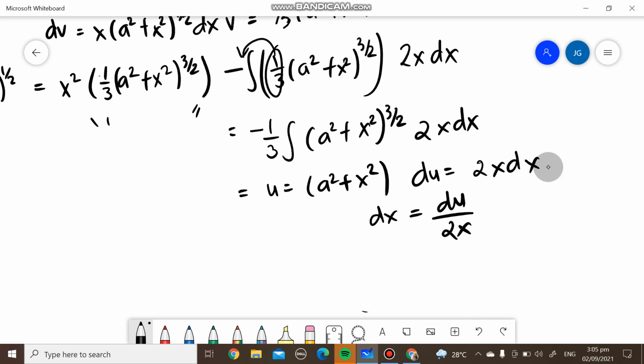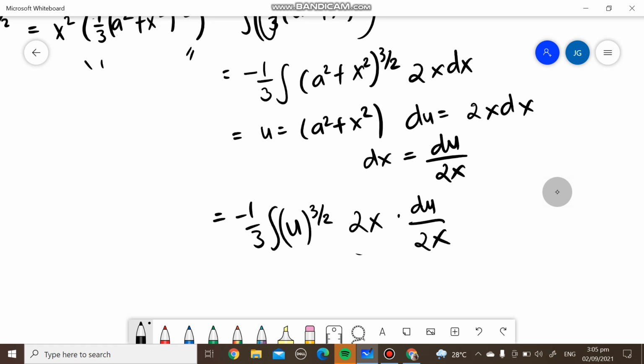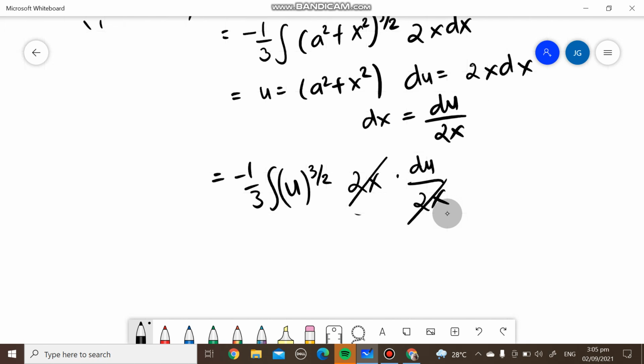So we have negative 1/3 times the integral of u, since that is its value, raised to 3/2, times 2x, times the dx value, which is du all over 2x. The 2x cancels because it equals 1. So, basically, we have this one.